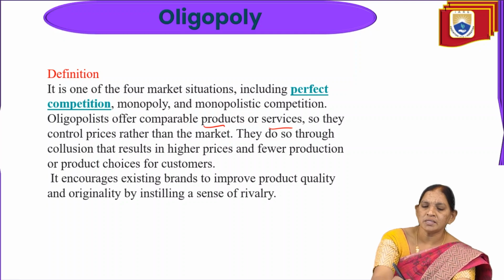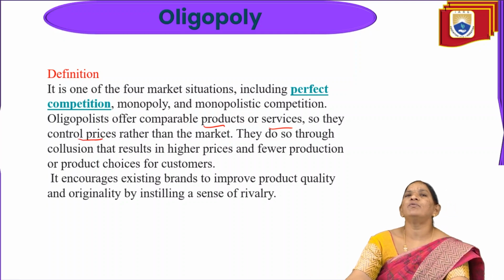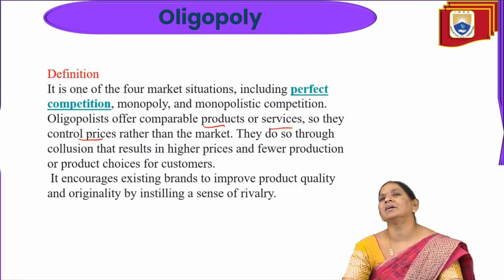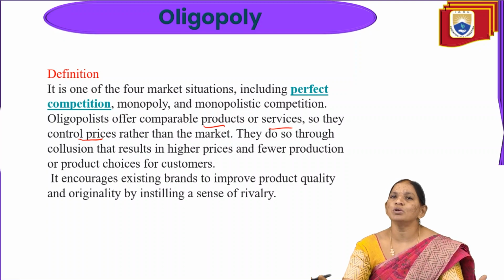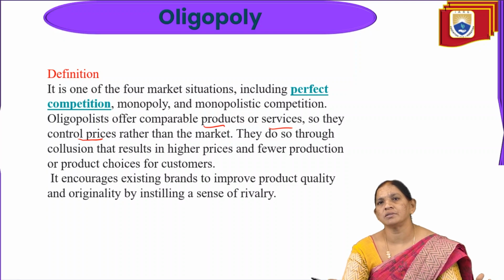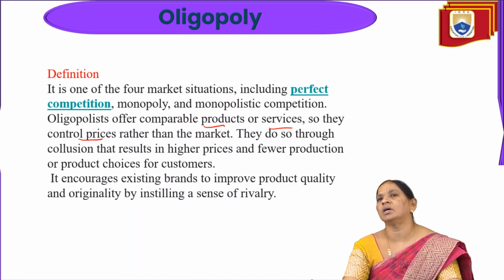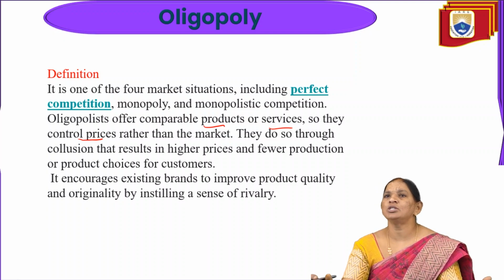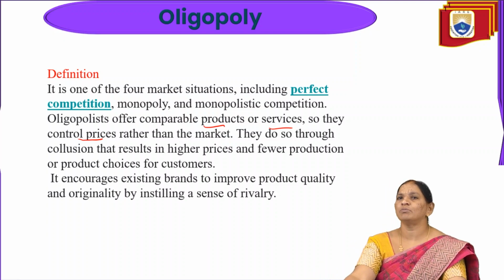Always these people will be focused on the goods and market prices. Why? Because already the total market is shared between 3 or 4 persons, so they don't bother about the market demand. They just think of controlling the prices in that market.